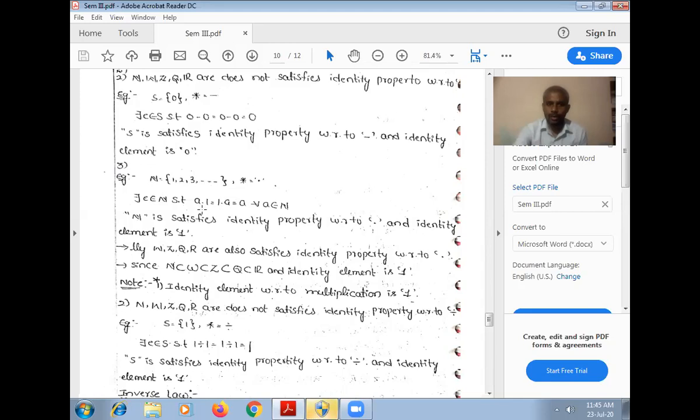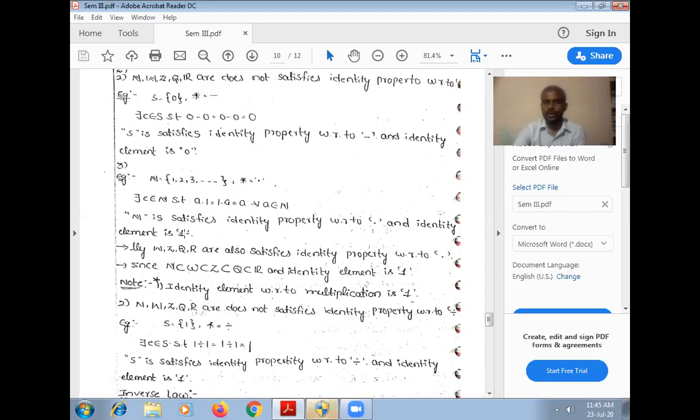If we multiply with another element instead of 1, say 11 into 2, it equals 22, and 2 into 11 equals 22. But we are getting a different value.